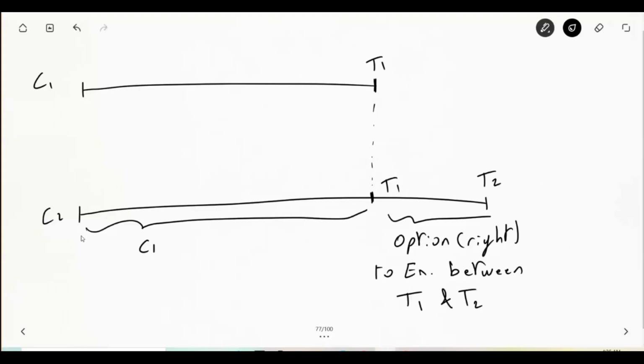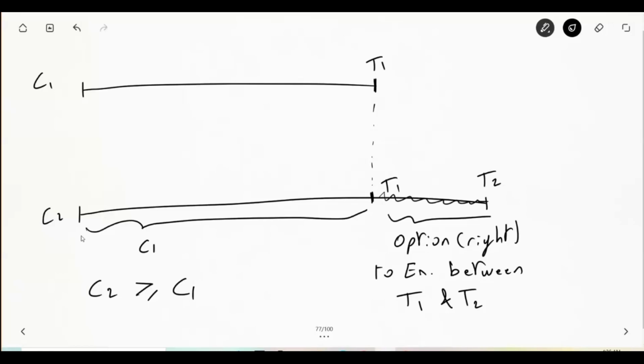So mainly I can say that C2 will have a greater value relative to C1. So C2 is always greater than or equal to C1, because simply you have the option to exercise between T1 and T2.